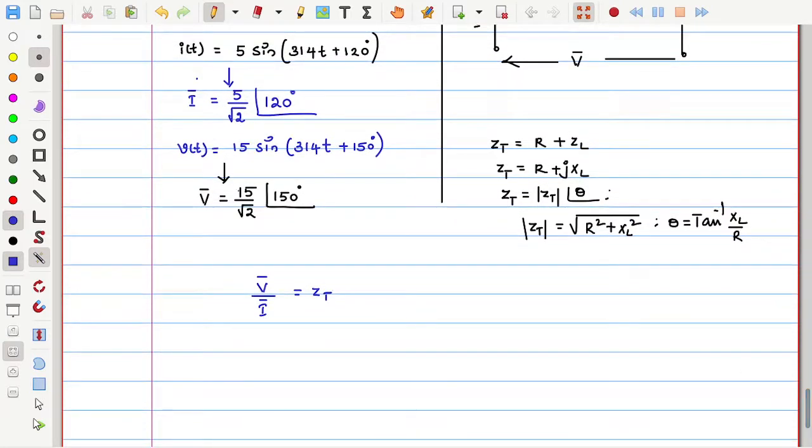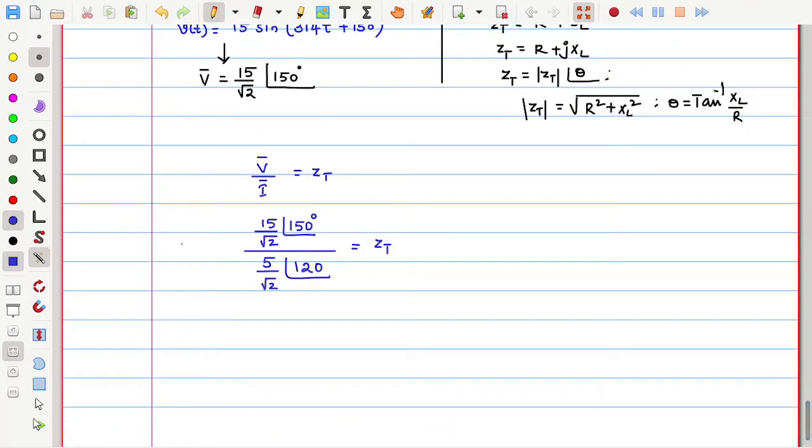How much is V? 15 by root 2 at an angle of 150. How much is I? 5 by root 2 at an angle of 120. This is equal to ZT. So let us take one more step in simplifying this.